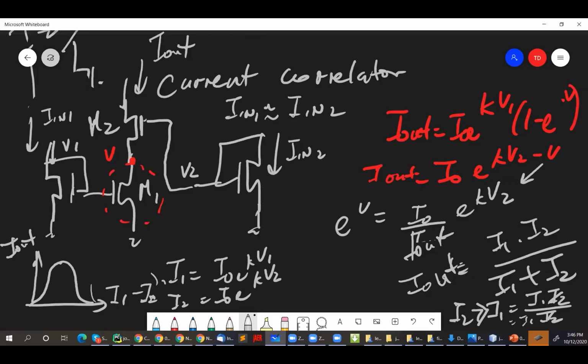And so it doesn't look like the common mode voltage matters in the equation, but it really does matter overall, because in a differential pair, remember the little v. So this is actually getting away from your current correlator right now. Remember, in the differential pair, there's that common voltage, the little v.